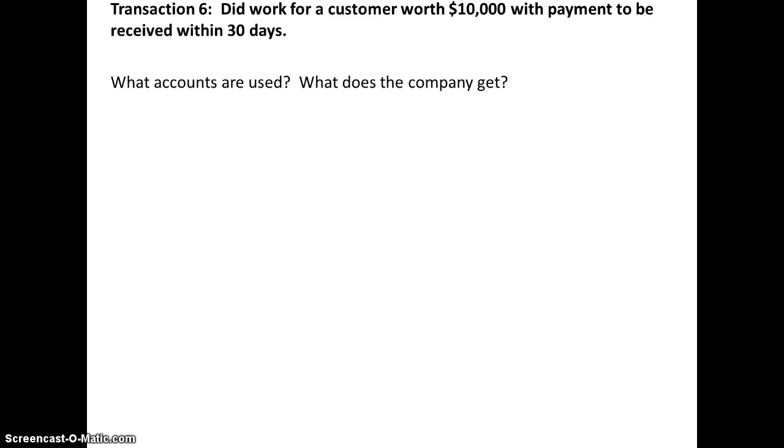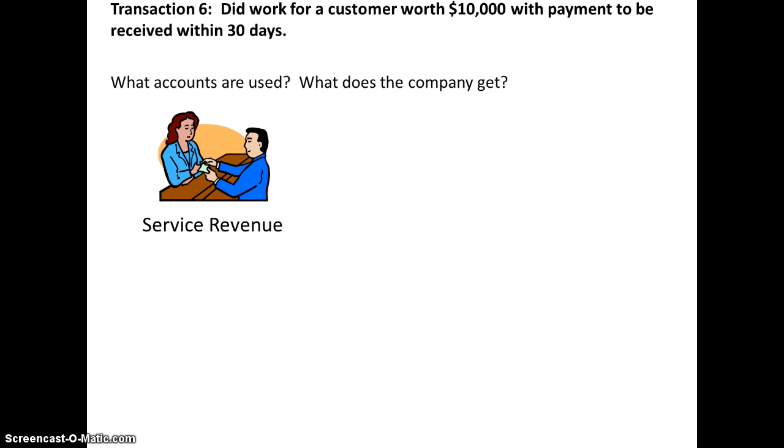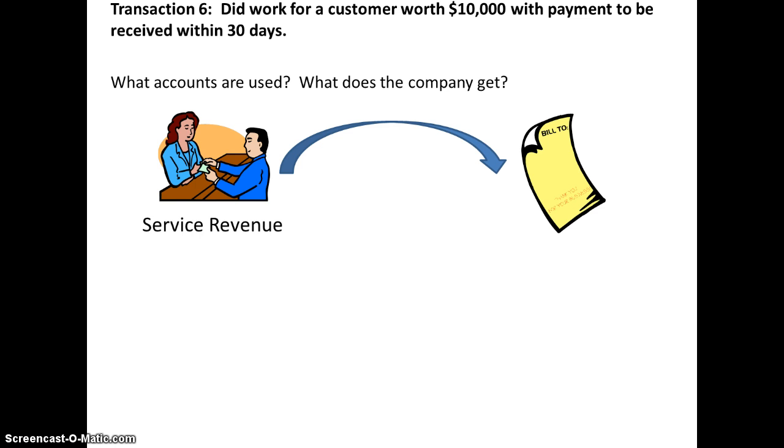In transaction 6, we did work for a customer that was worth $10,000 with payment to be received within 30 days. So we did work for the customer, but we have not received payment. We are going to receive payment in the future. So we have our service revenue because we did our part. We did the work. The customer has not paid us yet. We're going to receive it later, so we will call that accounts receivable.